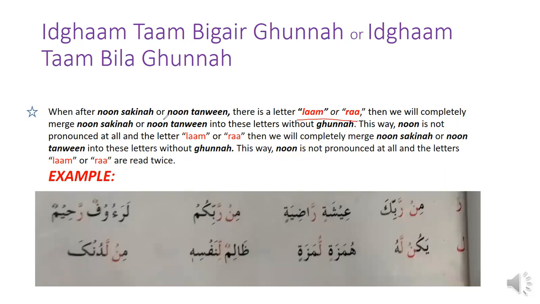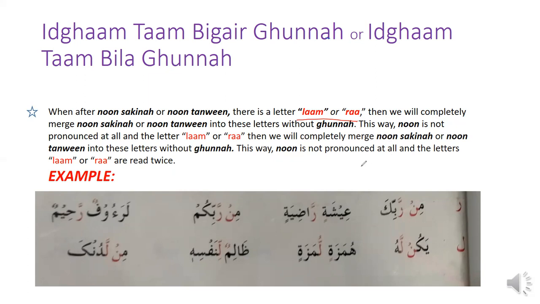Whenever after noon sakina or noon tanween there is the letter lam or ra, we will completely merge noon sakina or noon tanween into these letters without gunna. Idgham tam bighair gunna means complete merging without gunna.